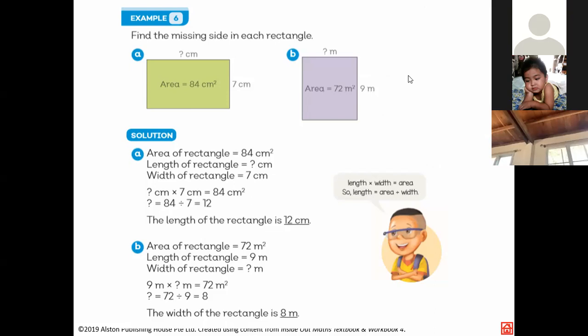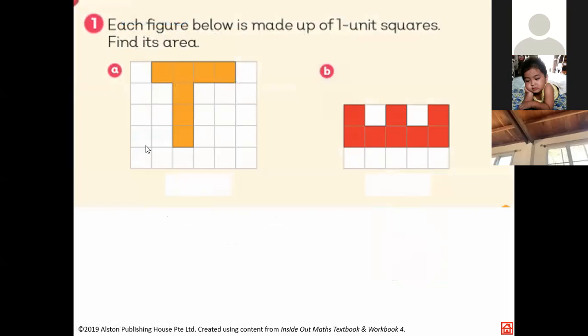Okay. Now let's try to answer this. Number 1, each figure below is made up of unit squares. Find its area, class.